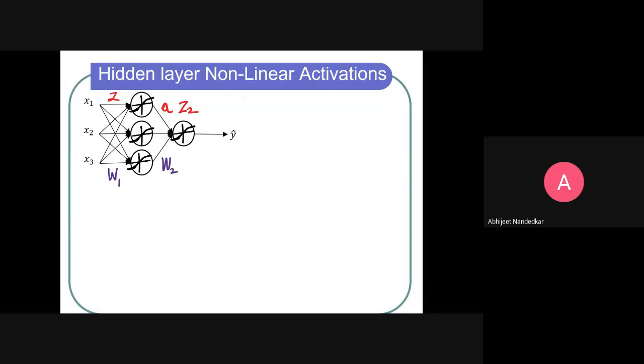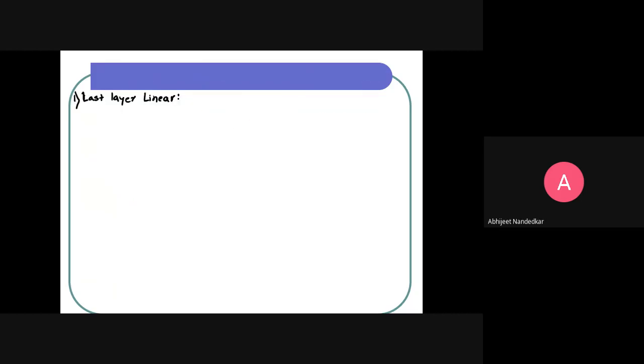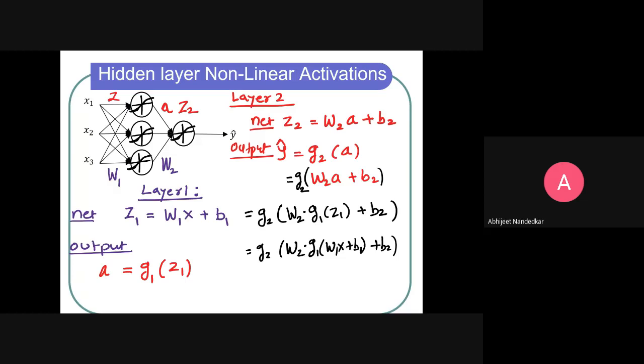Then we took that non-linearity inside the hidden layer, and then we observed that we can have a true non-linear relation with respect to input, and we can get a nonlinearity in the output. So these G1, G2 are nonlinear.